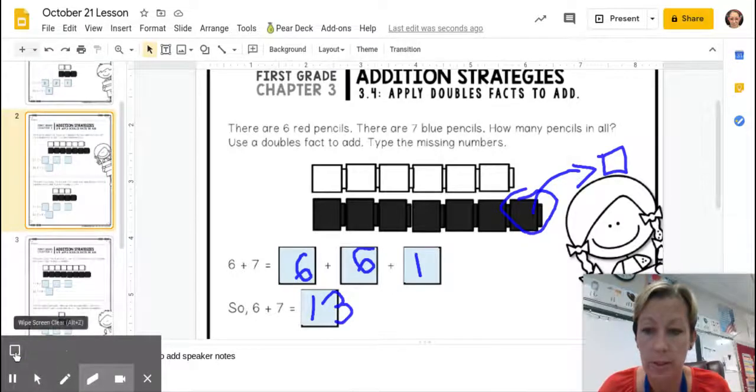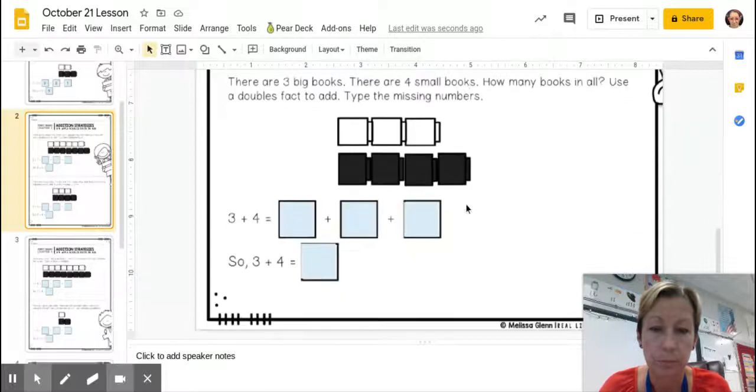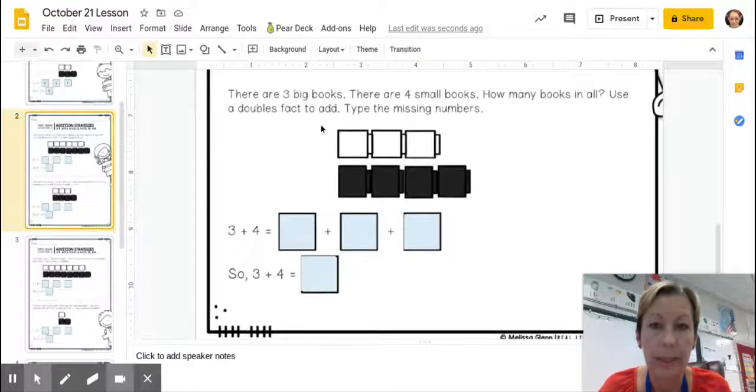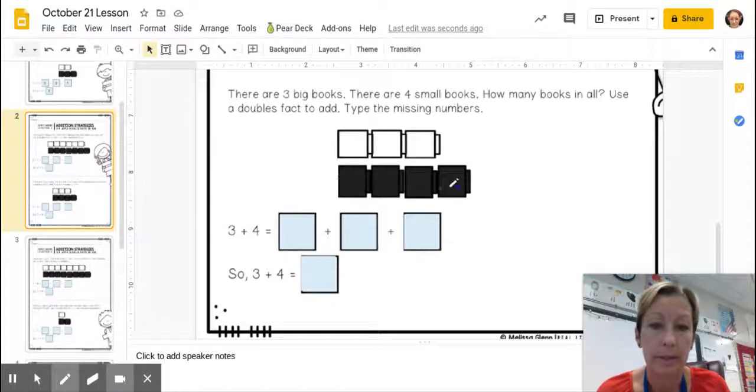All right, let's see what next problem is. There are 3 big blocks. There are 4 small blocks. How many blocks in all? Again, use the doubles fact. So, I've got 3 and I've got 4. So because I have to double that first number, I'm going to take this one, put it over to the side. Okay?